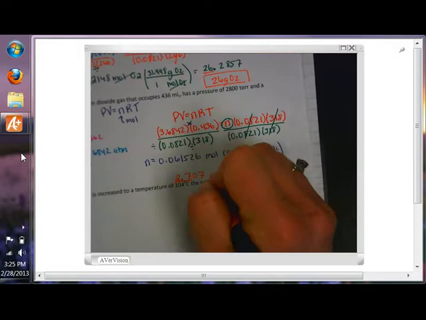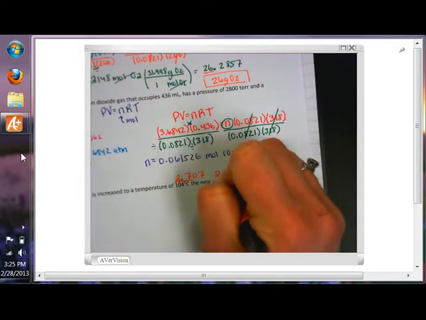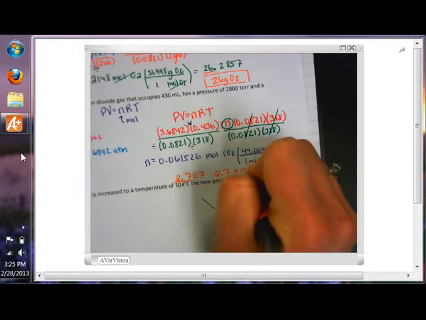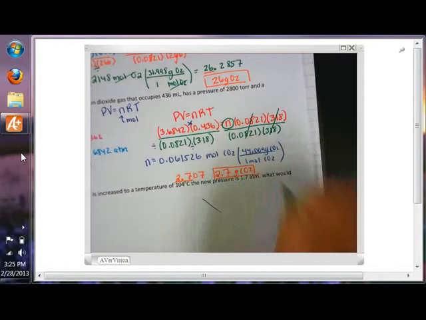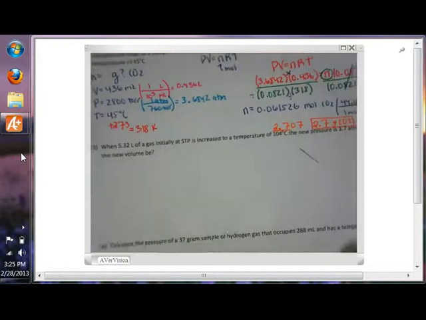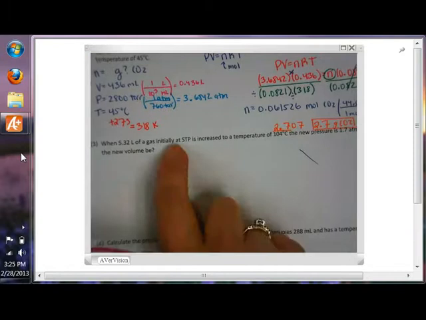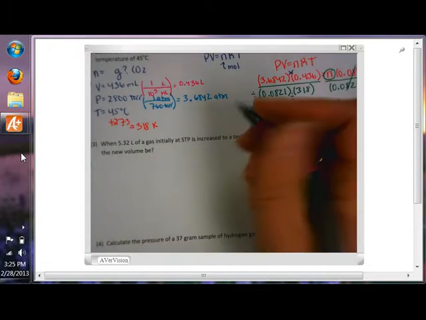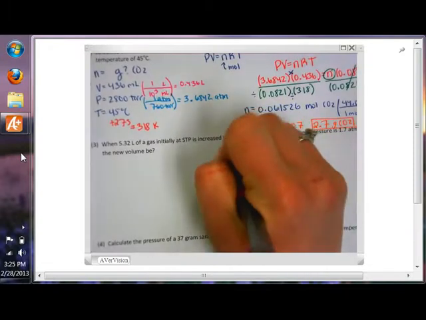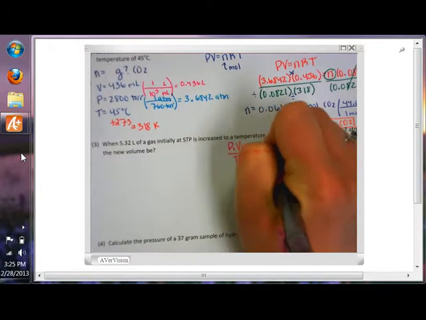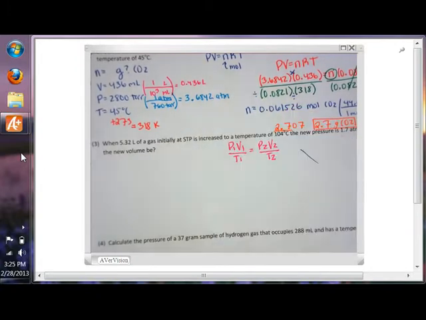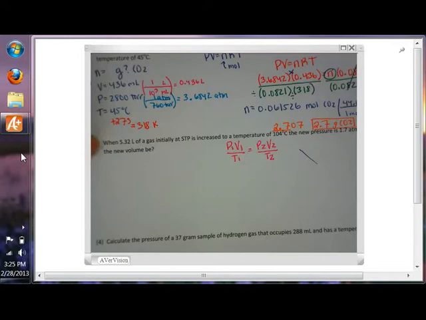Number 3. So I see the word initial. That is my first hint that it's P1V1 over T1 equals P2V2 over T2. So when this many liters of a gas, that's volume, that's V1, 5.32 liters of a gas initially at STP.